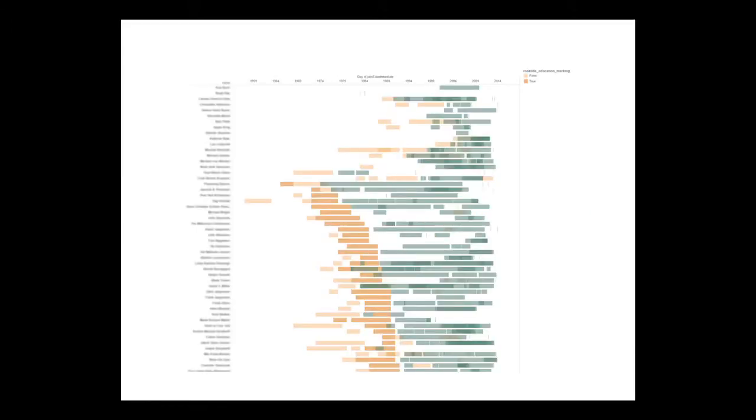For example, this represents different people and their career paths over the years, where the greens represent mostly professional activities and the oranges represent educational activities. And we do this not for a few hundred people, but for thousands of people. This is where the fun starts, and you can start seeing some really interesting patterns in the space.